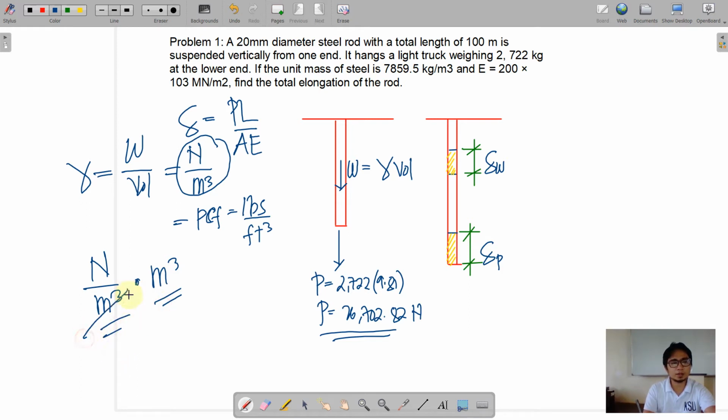The resulting unit here is actually the weight, which is Newton. Similarly, in English, if we have pounds per cubic feet, we'll just multiply it by the volume to come up with the unit pounds, or weight.